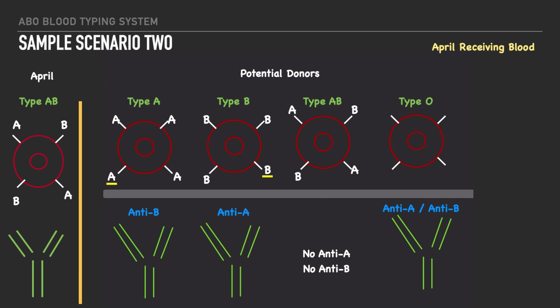And I'll link to a video here that helps us consider the Rh factor in blood donations and or transfusions. And now, looking at type O blood, we noticed that there aren't any A or B antigens on the surface of this red blood cell. And because April doesn't have any anti-A or anti-B antibodies, her immune system wouldn't attack red blood cells that don't have an A or B antigen on it.